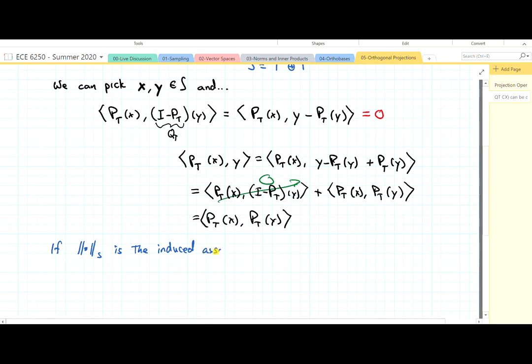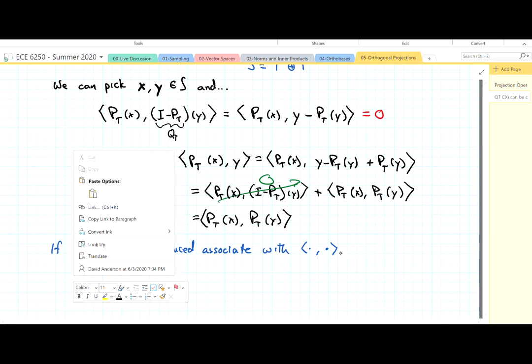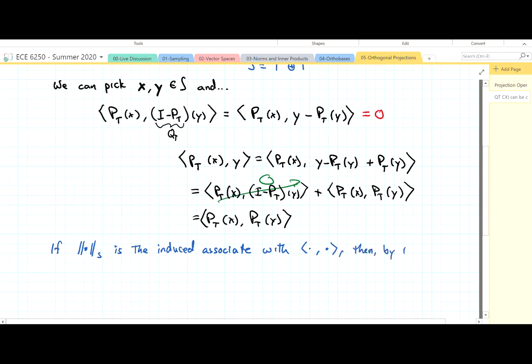But whatever it is associated with your inner product, however we ended up defining that, then by the Pythagorean theorem, we're going to have the norm of x in S squared is equal to the norm of Pt of x in S squared plus the norm of I minus Pt of x in S squared, like that.